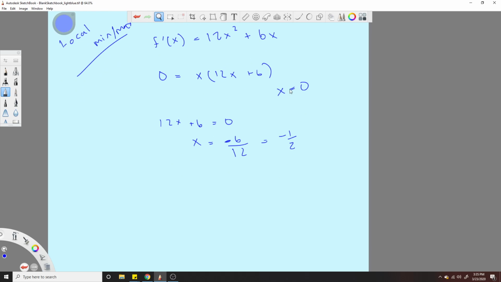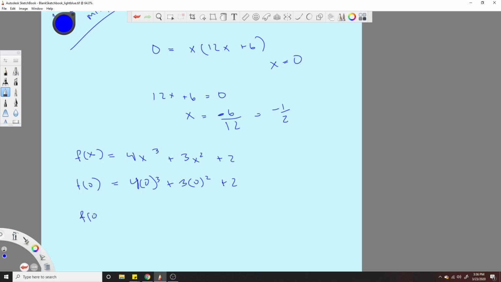So we'll plug in both of these points to our original equation. Just rewriting the equation. So now we'll plug in 0, for example. f of 0 equals 4 times 0 cubed plus 3 times 0 squared plus 2.